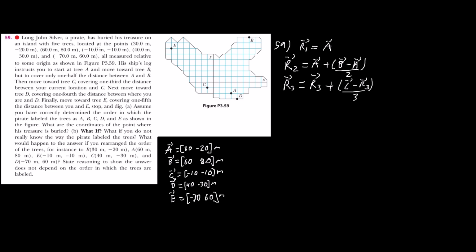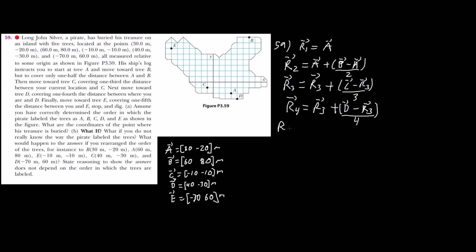Then to get to position 4, we start at position 3, wherever it lies, and cover 1/4 of the distance between where you are and D. We move in the direction of D, so whatever the difference between these vectors is gives the direction, and we take 1/4 of that.